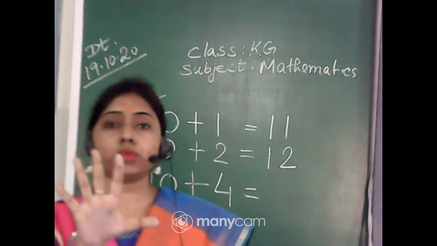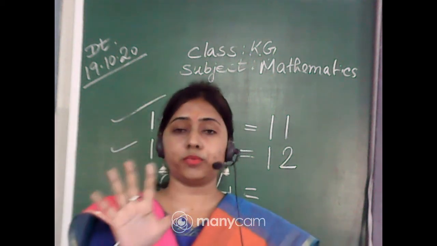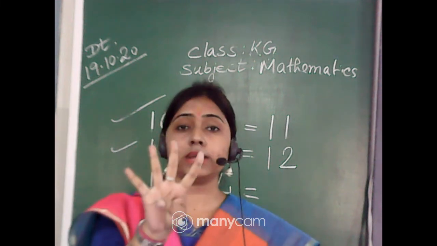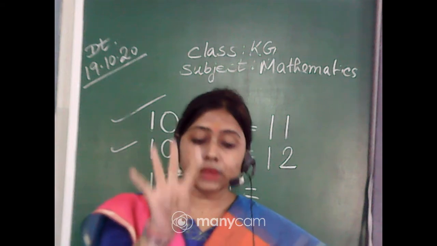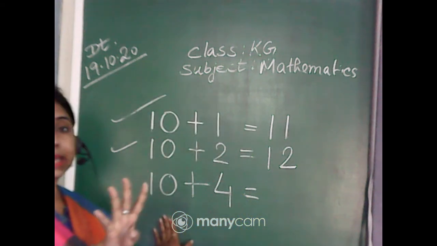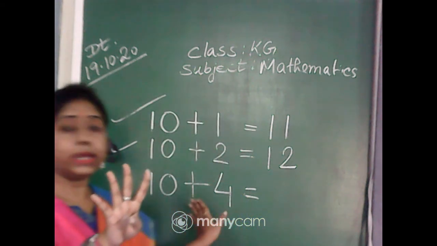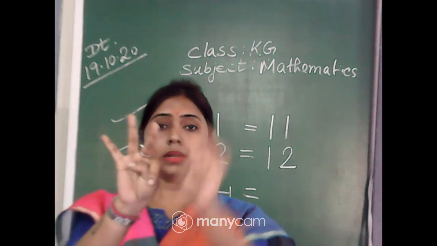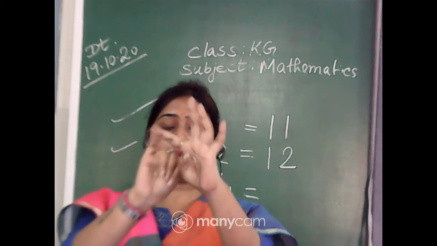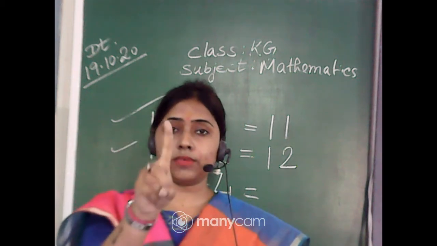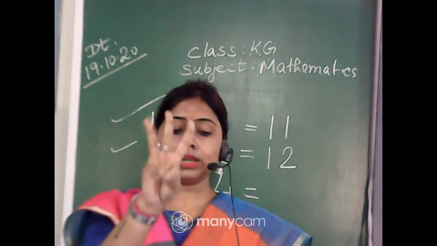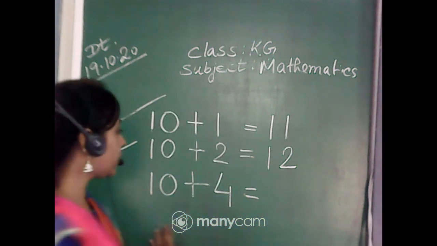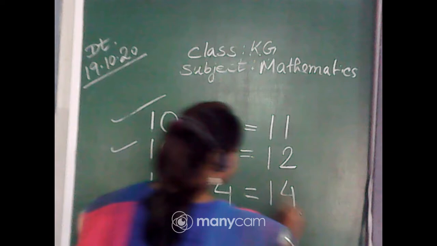So I will show you with my fingers 1, 2, 3, 4, because 4 is the small number. Then after 10 you will count 4 fingers: 11, 12, 13, 14. Yes, Sushobon. So 10 plus 4 is equal to 14.